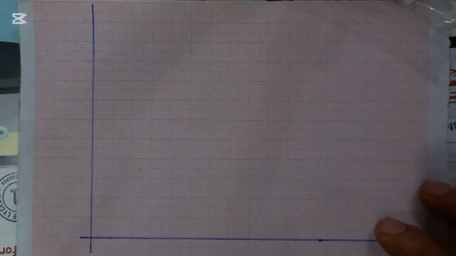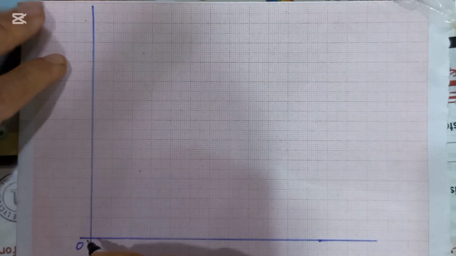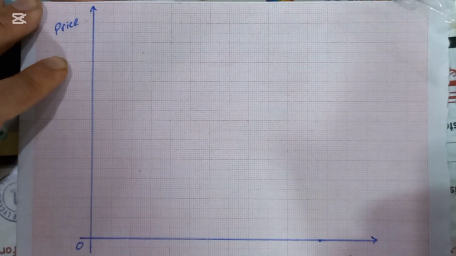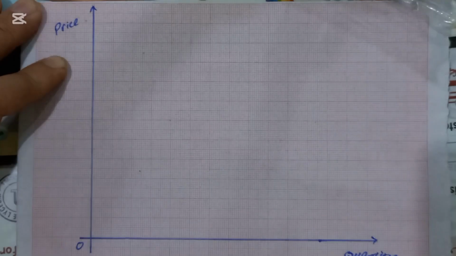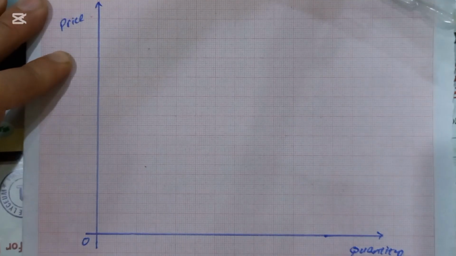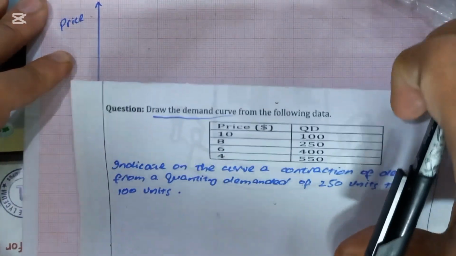Okay beta, here are the axes. Always remember, draw prices on the vertical line, and quantity demanded will always be on the horizontal line. Now prices are from 4 to 10.